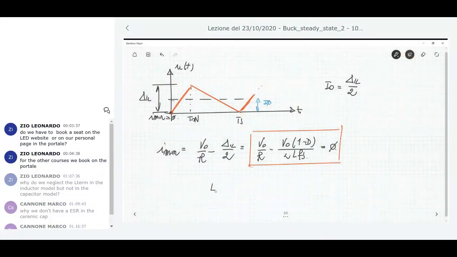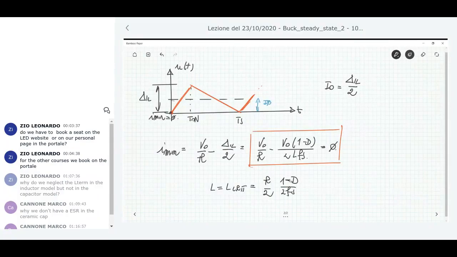We can call this L critical: L critical equals R divided by 2, 1 minus D, times 2 times f... with the inductance, the equivalent load R, which is fixed, the duty cycle, which is fixed, and the frequency, which is fixed.